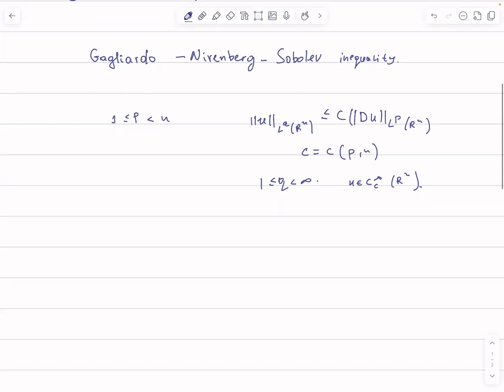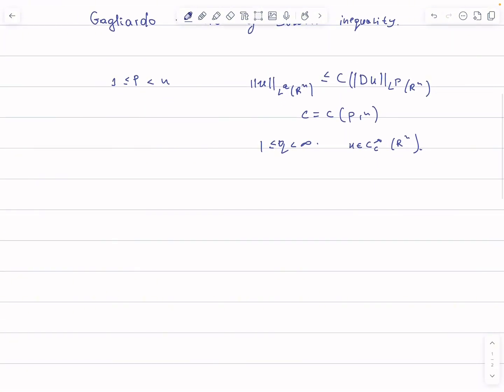So first let's find out for which q this inequality is true, because we cannot say this is correct for all q. Therefore, we start with some motivation.